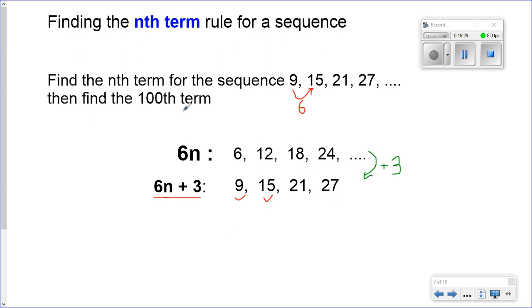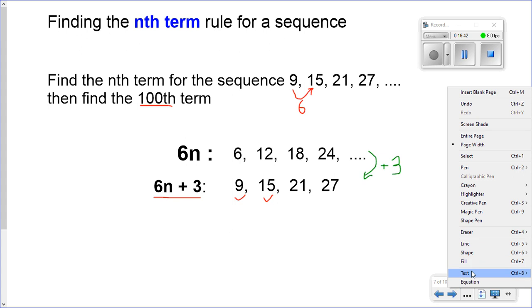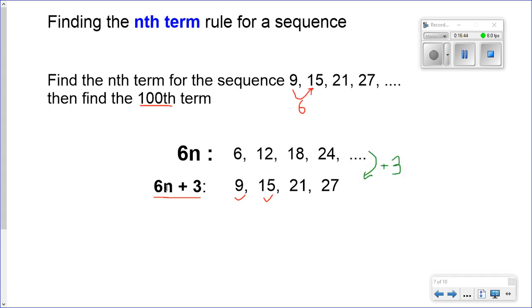Next part of our question, find the 100th term. So remember, our 100th term is when we replace our letter n with 100. Remember, n represents the position number. So we're going to use our rule of 6n plus 3, and we're going to replace n with 100.